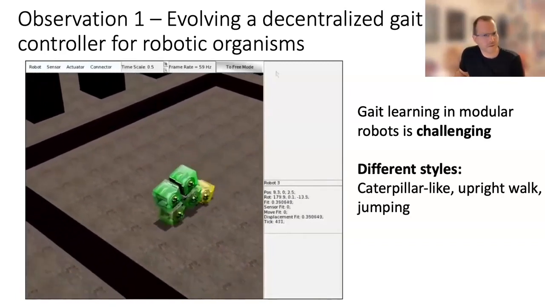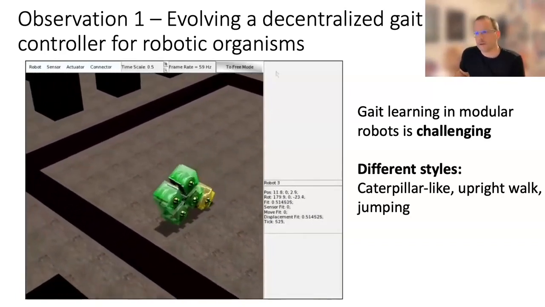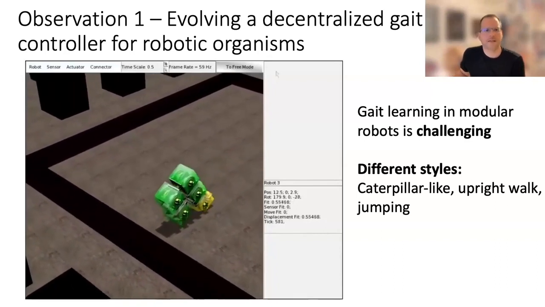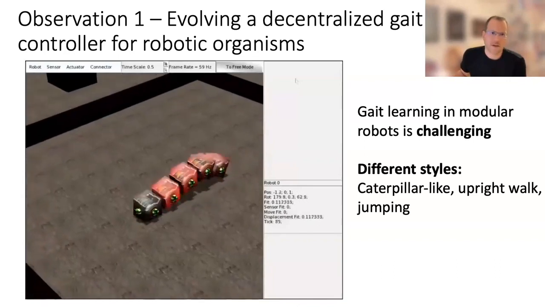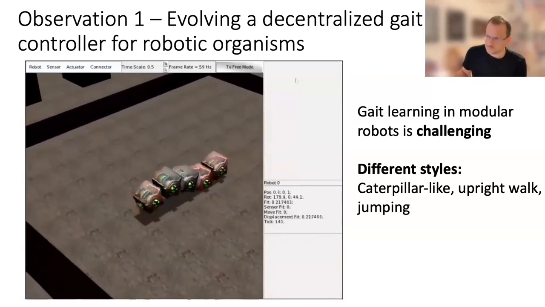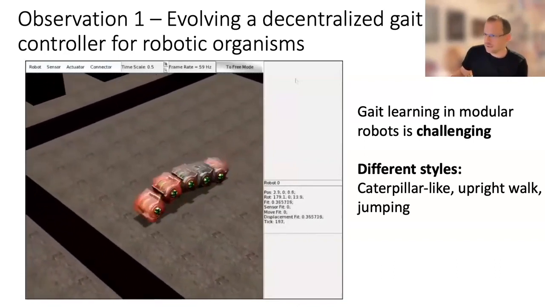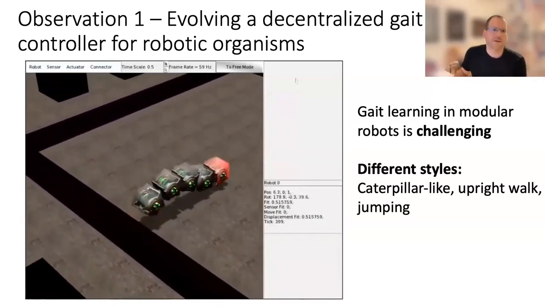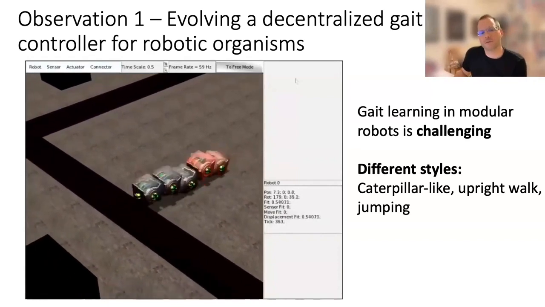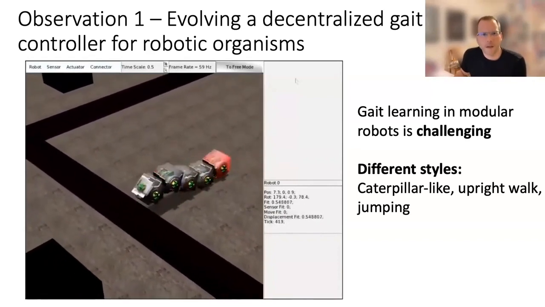You will see throughout this video different styles of gates that emerged. Later we will see a caterpillar-like motion like this one, where you can relatively nicely see how different hormones are triggered and then propagated through this robotic organism.